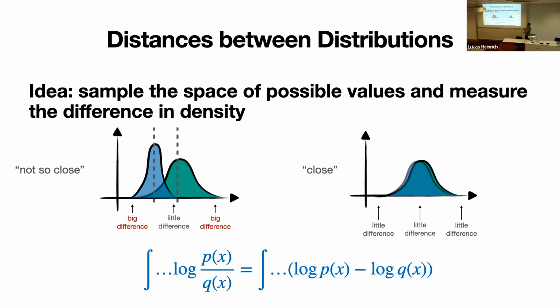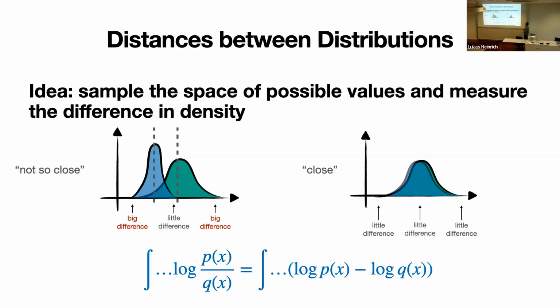If for a lot of possible outcomes the distributions are very different, that's an indication that the densities are different. On the left-hand side, for example, you have a super big difference, where this is essentially 0 and here you have a finite density. Here it's the same way, the other way around. Actually, here there's one point where there's basically no difference between these densities, the point where they cross. So there are areas of big difference and areas of little difference.